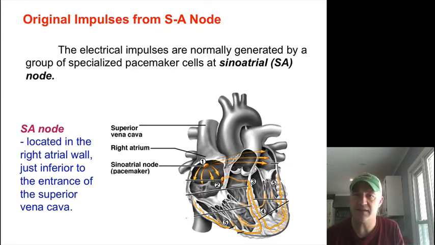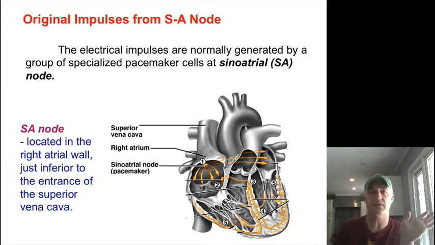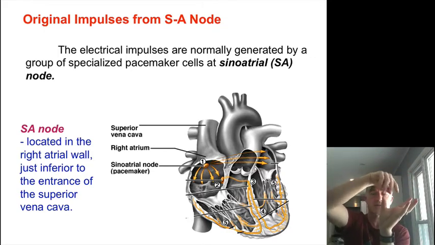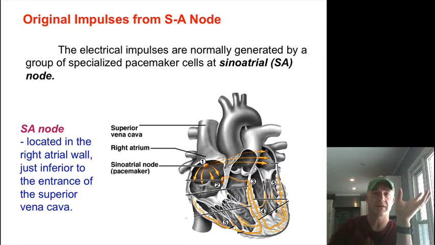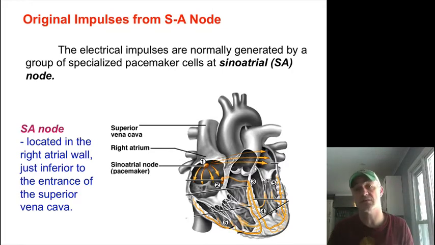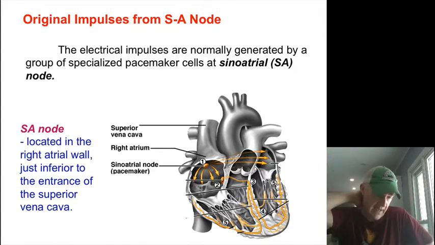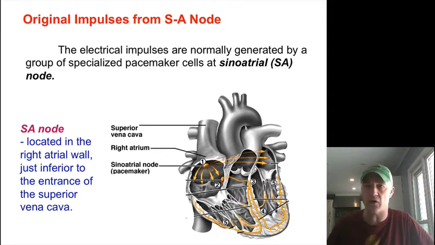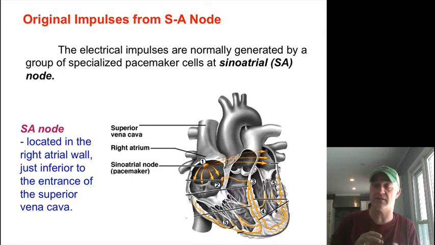I always say it's a lot like if you've ever been to a water park, one of those dump buckets: you have water going into the bucket at a certain rate. Sooner or later, that bucket reaches a threshold where it dumps over. This is what's going on with the SA node. These sodium ion leak channels let sodium in, and sooner or later it reaches a threshold that opens up fast and slow calcium channels, which allow the cell to depolarize and generate an action potential, which is going to travel over the entire atria.